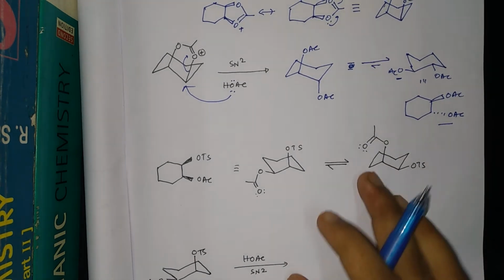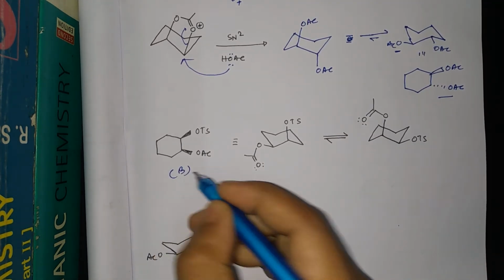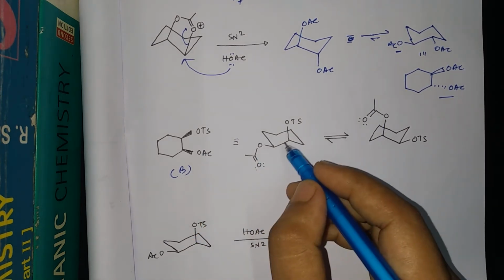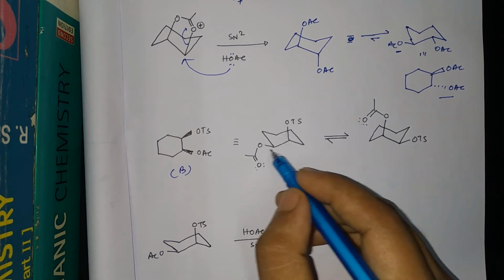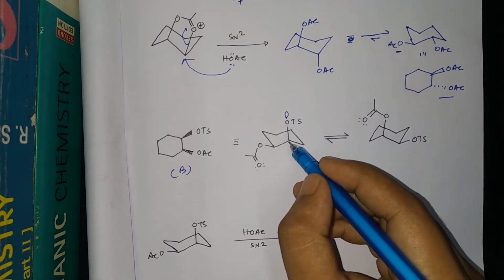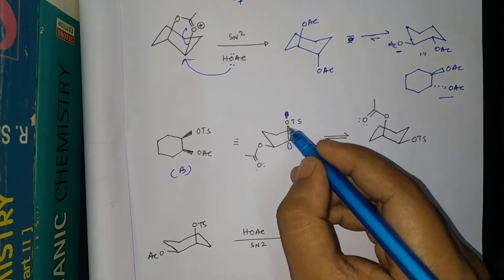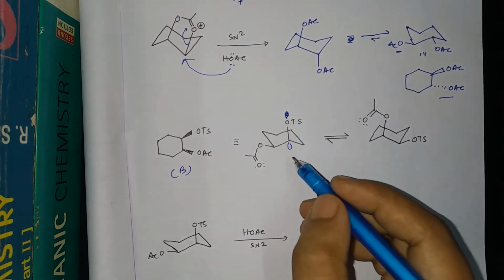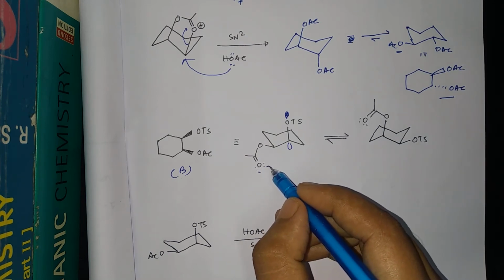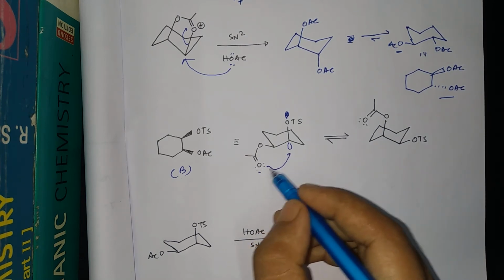So for compound B, what will happen? You can see this is the orientation where both are cis, meaning both are on the upper face. This is the antibonding sigma star orbital of the C-O bond, but the lone pair of the oxygen cannot donate its electron into the antibonding orbital because it is so far.